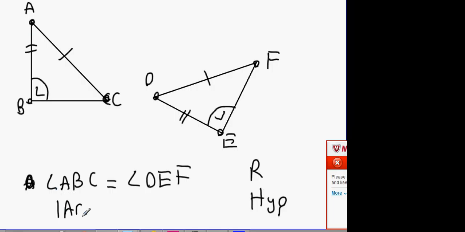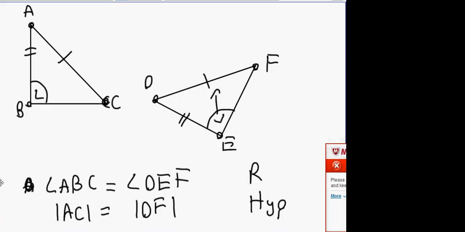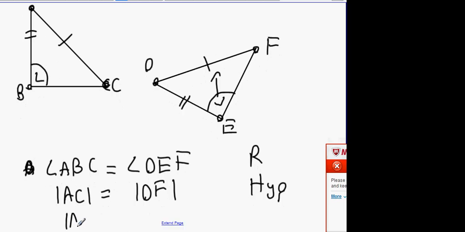AC equals? DF, the side that's opposite the right angle. Yeah. And finally, one other side, AB equals DE. There's your side.